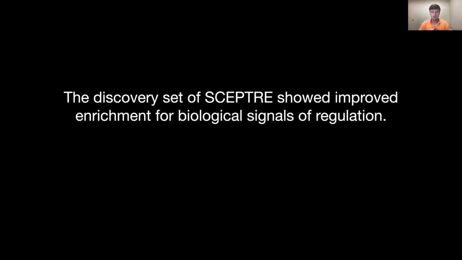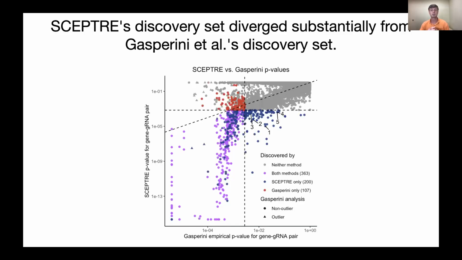The discovery set of Scepter also showed improved enrichment for biological signals of regulation. In particular, we compared the Scepter discovery set to the discovery set reported by Gasparini et al. in their original paper. Gasparini et al. used a parametric negative binomial approach to do this differential expression testing. What we see is that the Scepter discovery set diverges substantially from the original discovery set.